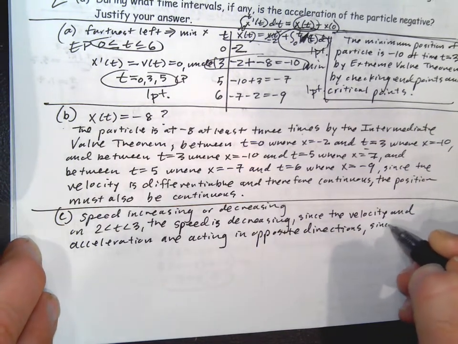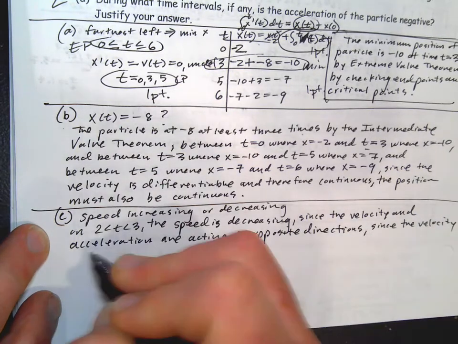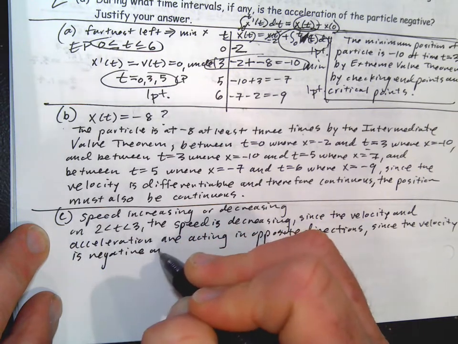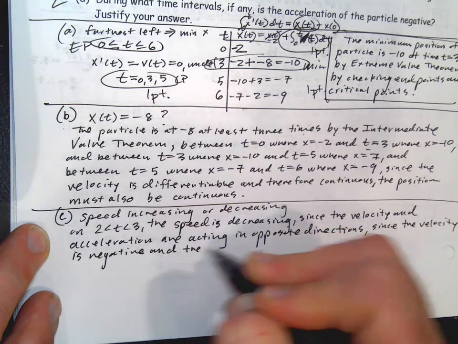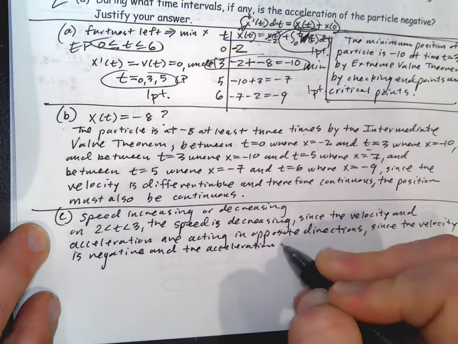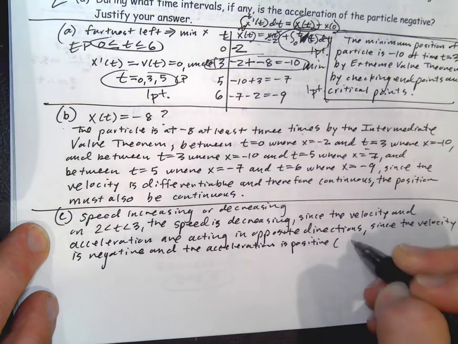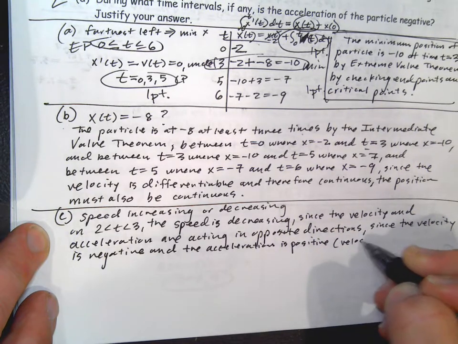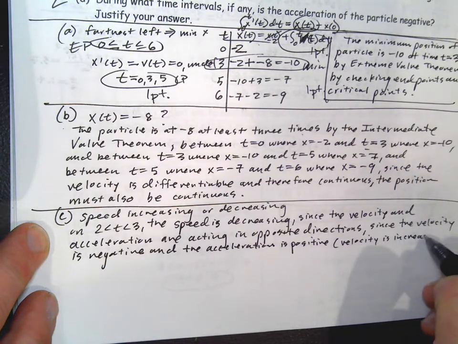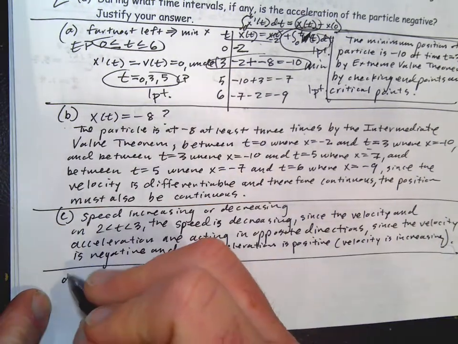Since the velocity is negative, which is clear from the graph, and the acceleration is positive, and we could explain how we know that velocity is increasing. Something like that.